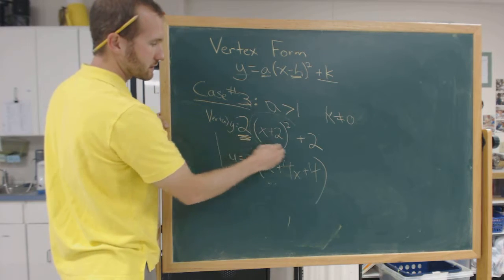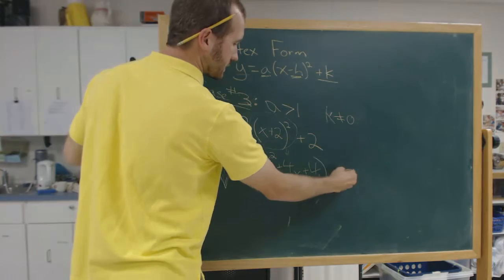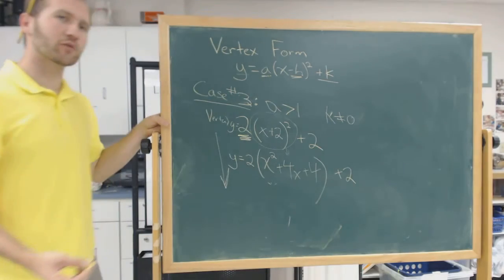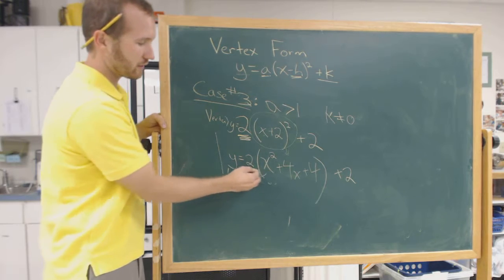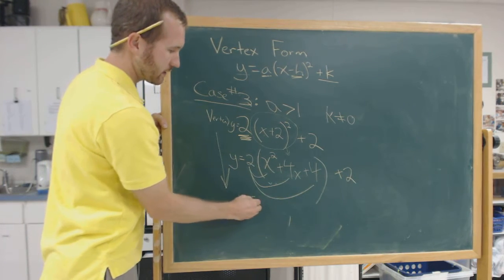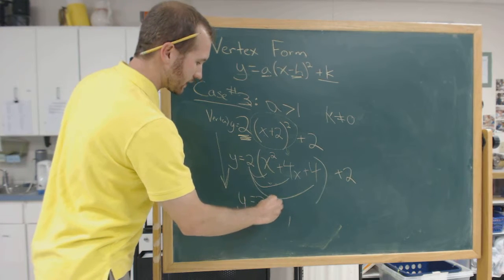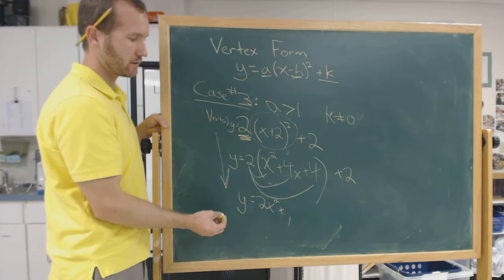So this is equal to this, plus 2. Now I have to remember what property? Distributive property, so I have y equals 2x squared plus, how many x in the middle?